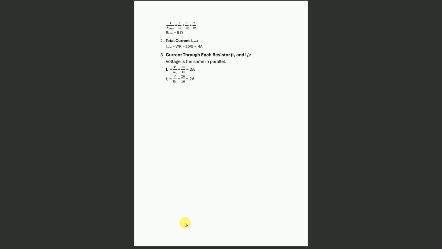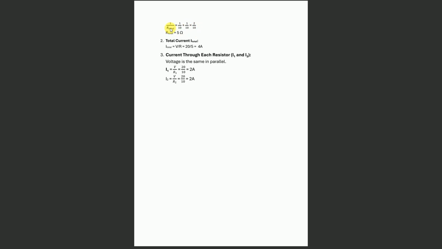Now just put the values. 1 over R total is equal to 1 over 10 plus 1 over 10. If we simplify this by using LCM, which is 10, then it will be equal to 2 over 10.